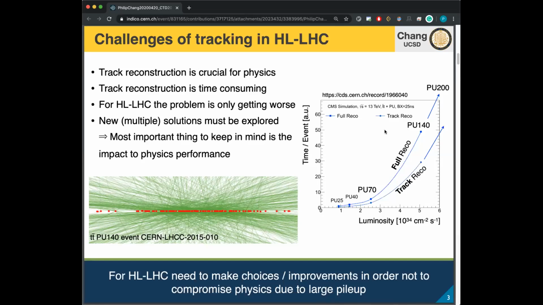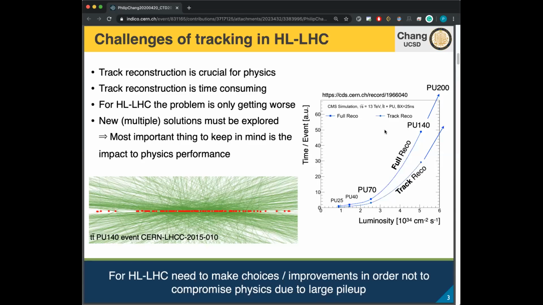As you go through pileup 140 and then when we reach pileup 200 or so, we'll be having so many vertices and so many interactions all at the same time, as you can see from the event display in the bottom left, that it'll cost us a lot of time to reconstruct all the tracks. This means that we may have to cut corners, or we may have to figure out a new way to speed things up so that, given the budget, we can reconstruct all the tracks that we need.